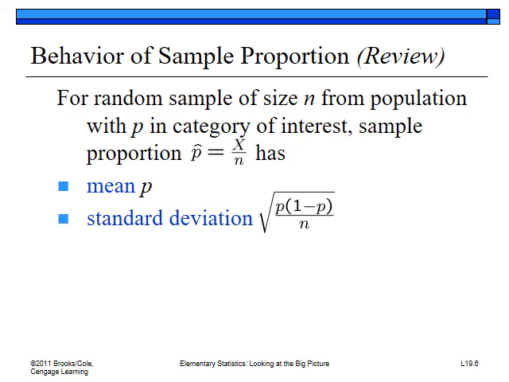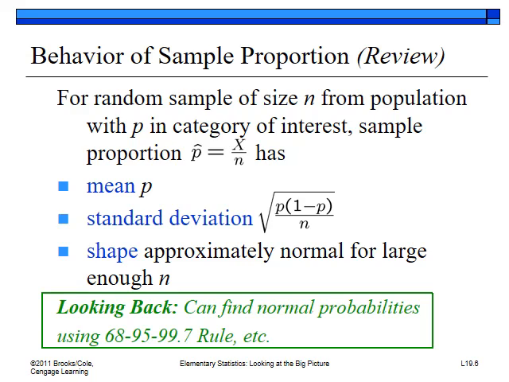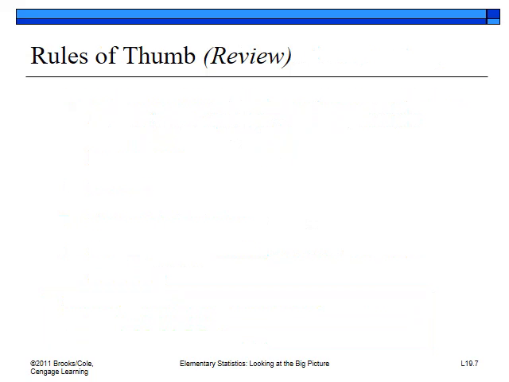We talked about how to compute the standard deviation. And we know that if n is big enough, the shape of the distribution is approximately normal. And remember that we can use the empirical rule or our computers or spreadsheets to find these probabilities.